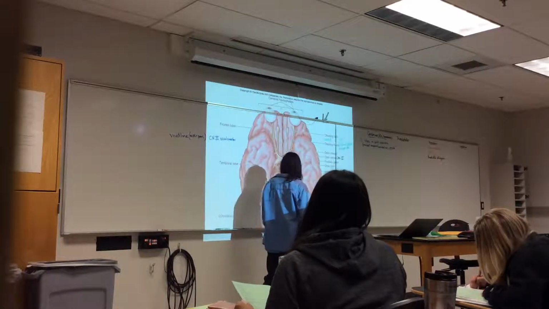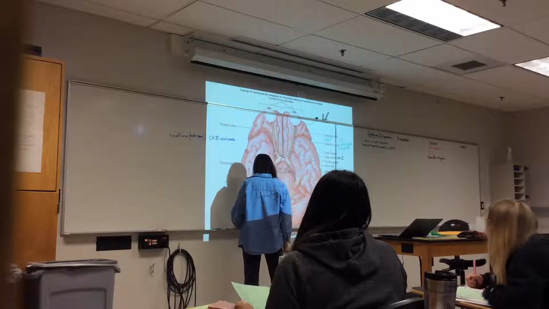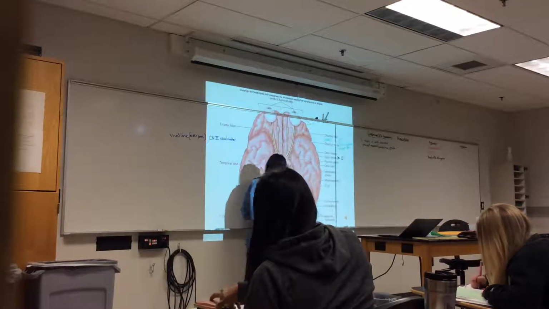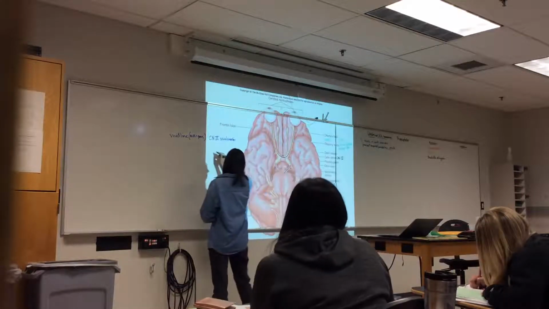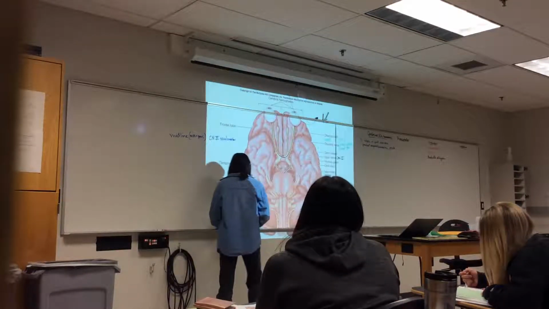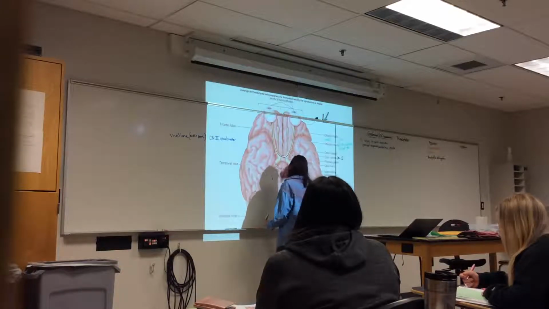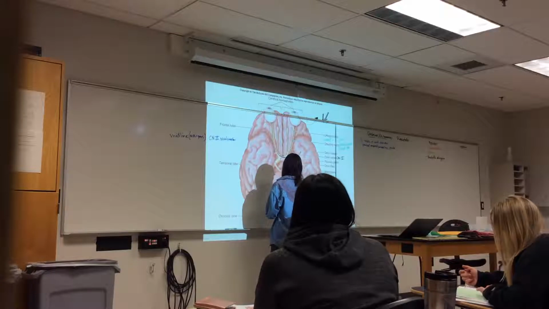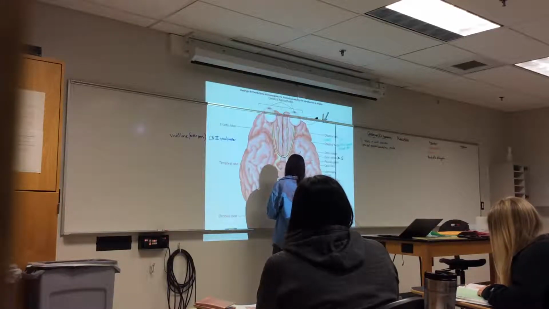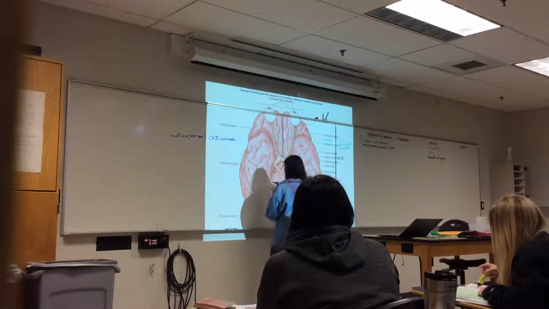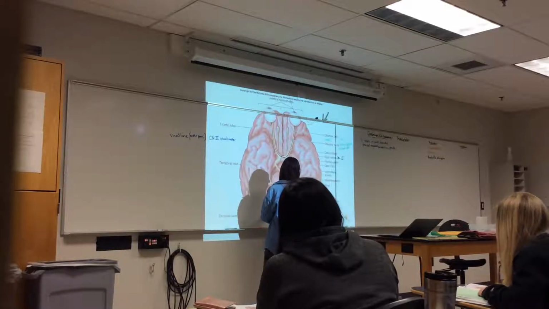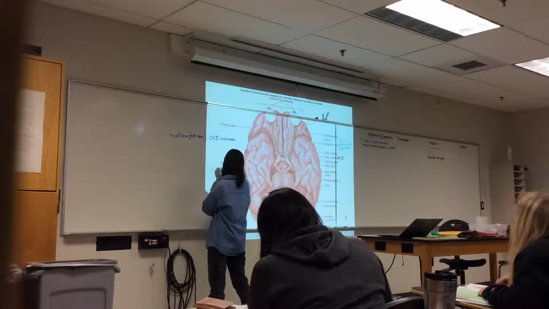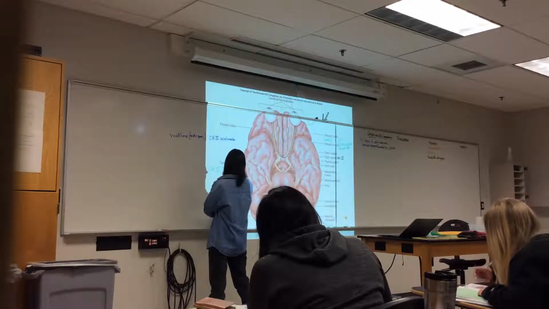And 3, 4 is this little guy here. Maybe I should make it a blue color. I'll make it red. Oops, sorry. So this is 4. And so cranial nerve 4 is trochlear.